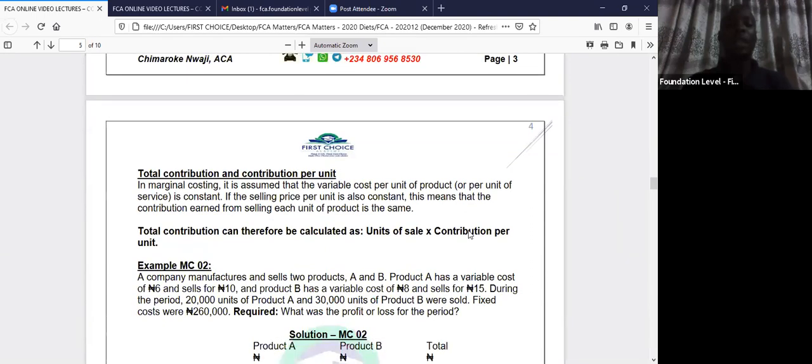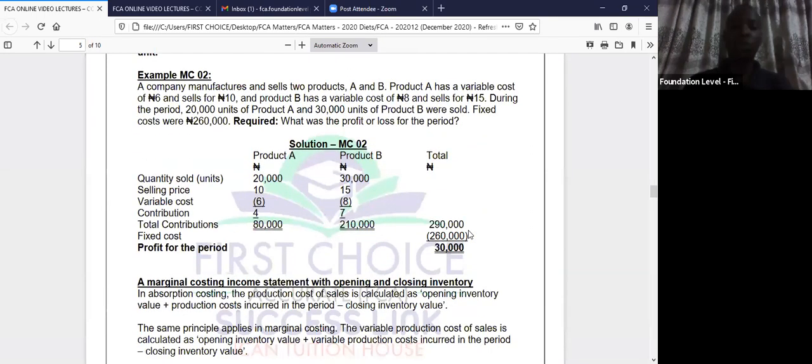Now, look at example MCO2. In example MCO2, a company manufactures and sells two products, A and B. Product A has a variable cost of 6 naira and sells for 10 naira.